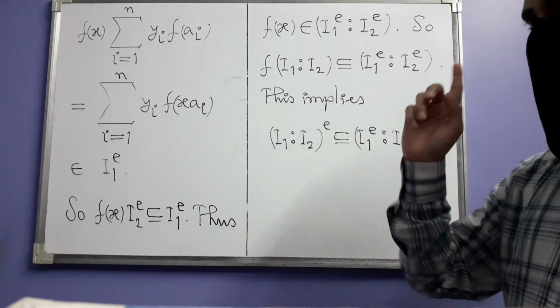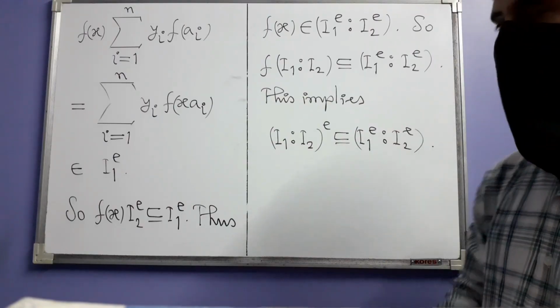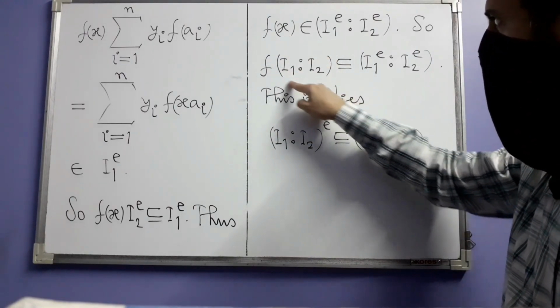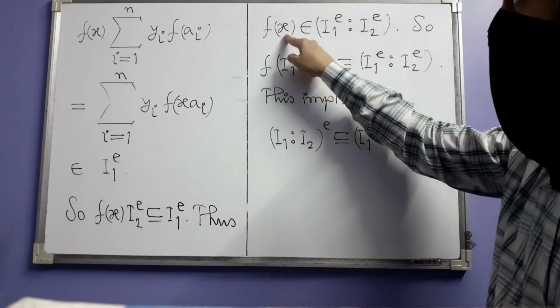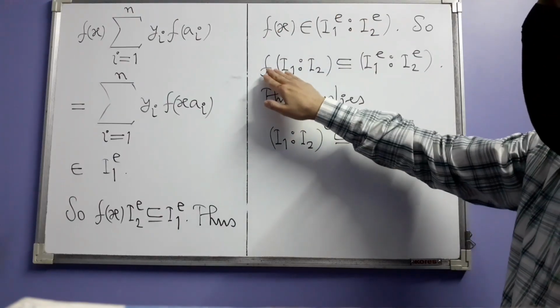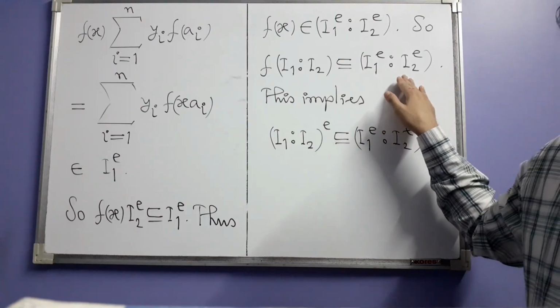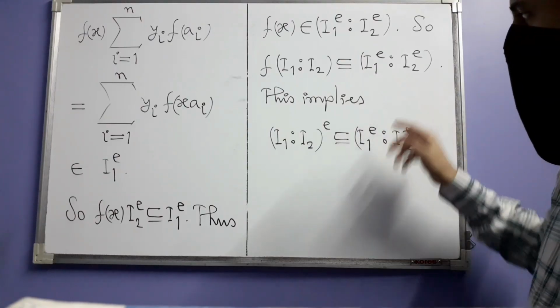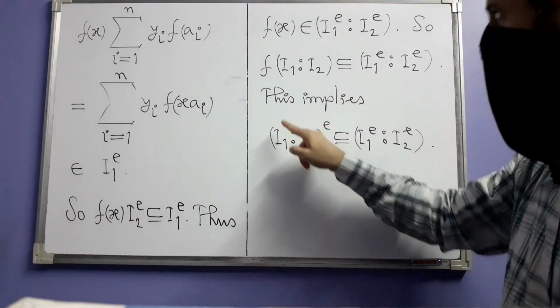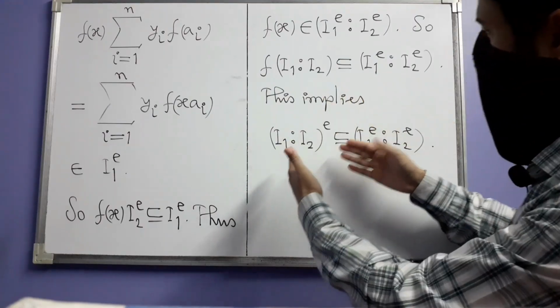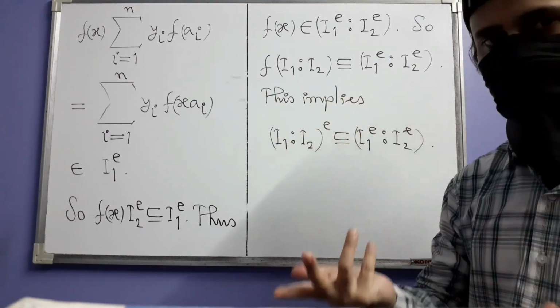But now you go back and see where x is coming from. x was an arbitrary element of this quotient ideal, and its f image is an element here. So the f image of this entire ideal is contained in this. But then by the definition of the extension of this ideal, this will be contained in this, and that's what we wanted to show.